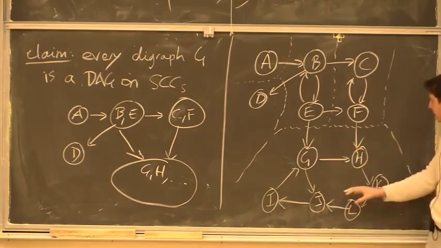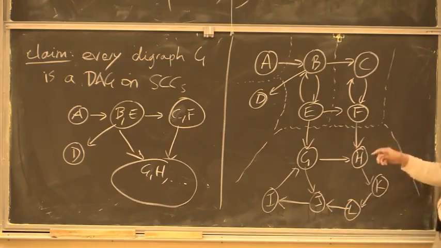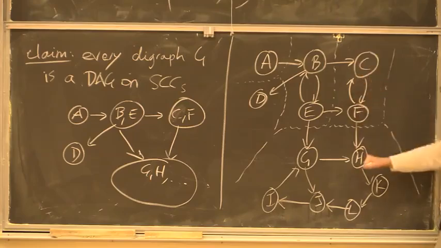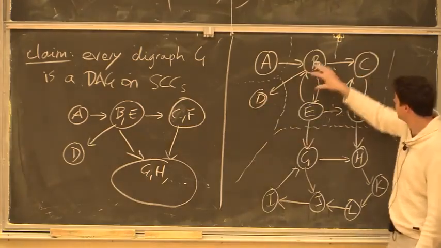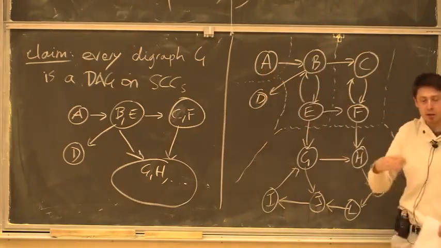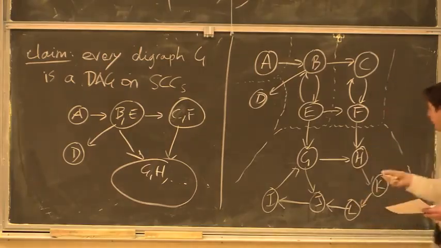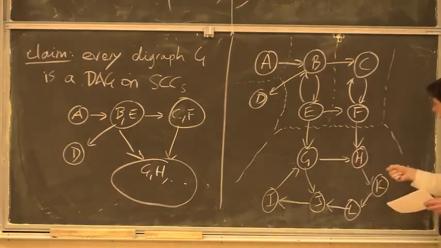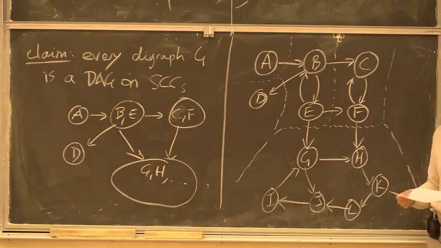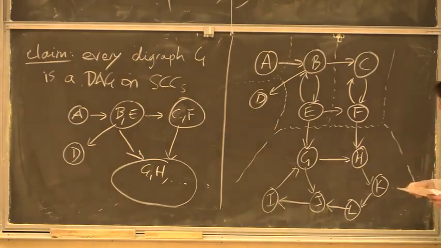I explore, I remove this, and I recurse. Maybe I start from here again, and I explore this and remove it. Then maybe I start from here, remove it, start from here, remove it, and then I'm back to here. So the idea is to recursively find some vertex in a sink SCC, so you don't spill into other SCCs, and you just explore that one. Okay? So that's the idea.